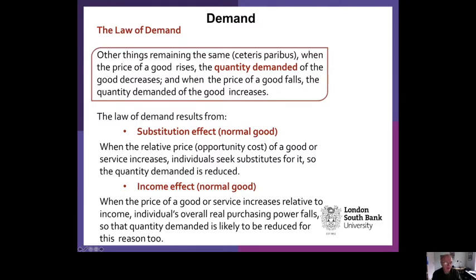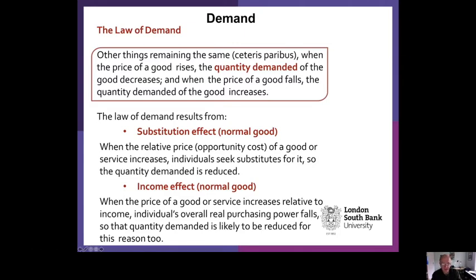The next bit immediately makes it a little bit more complicated. If it was my slide, it's a very good slide, but I wouldn't have introduced this now. But since it's here, I'll explain it. Okay, when the price changes, economists identify two different reasons which work with one another to cause an effect on the quantity demanded.